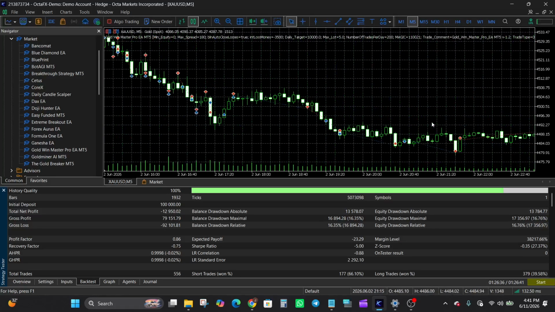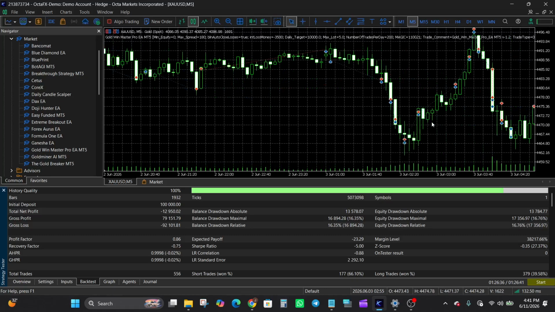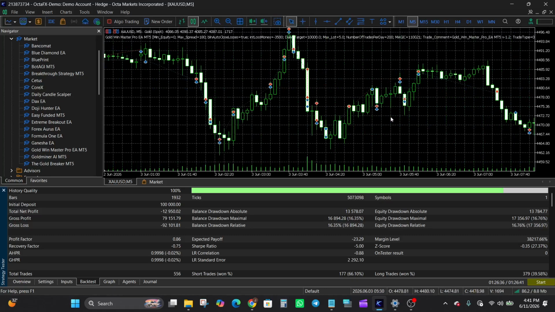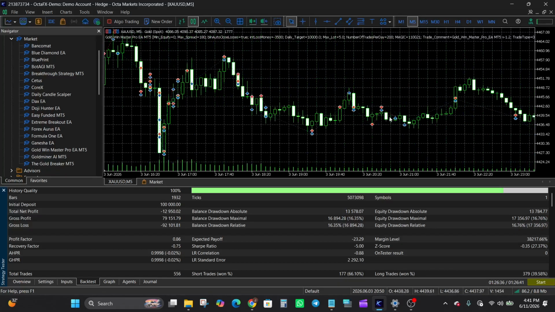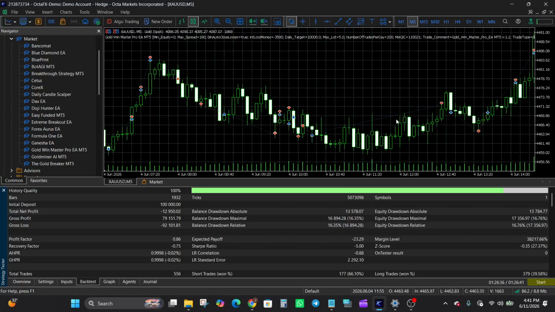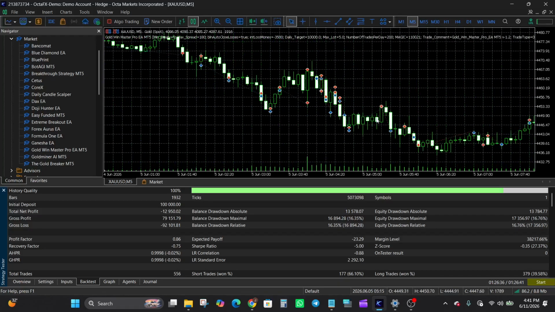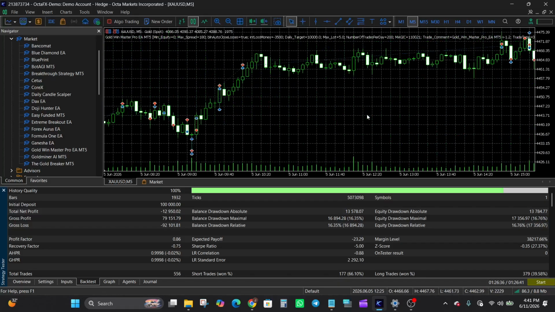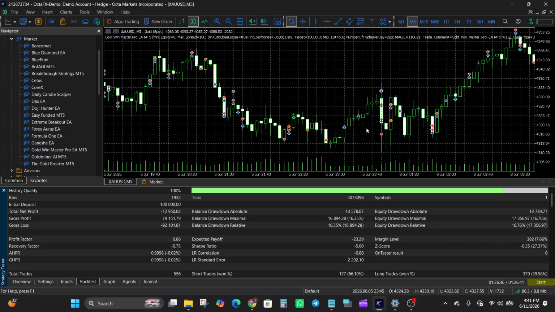I want to pay attention to how the EA handles entries, how it interacts with the market, and how trade sequences are structured based on the configured max trades limit. The kind of behavior exhibited by the EA usually reflects how the logic responds to volatility and timing conditions built into the system, especially on lower time frames like M5.